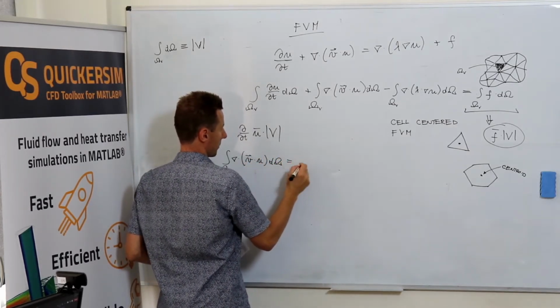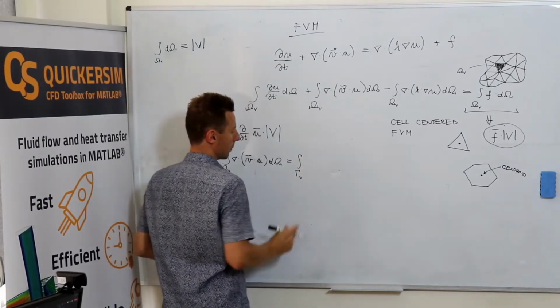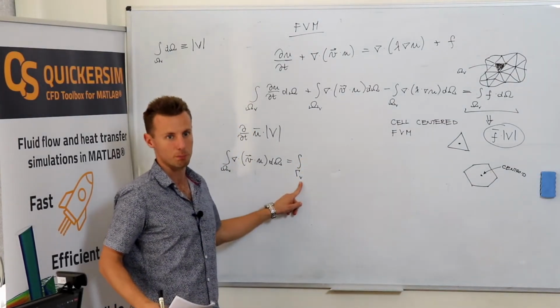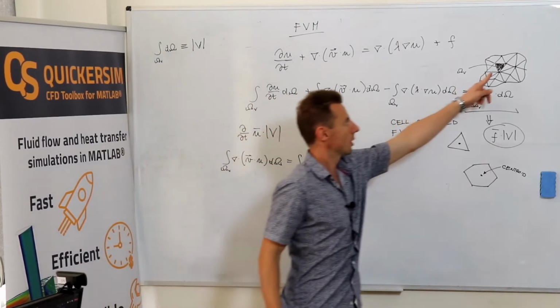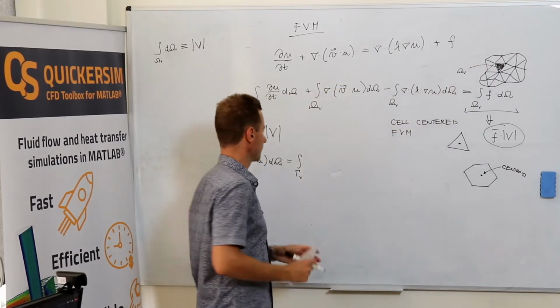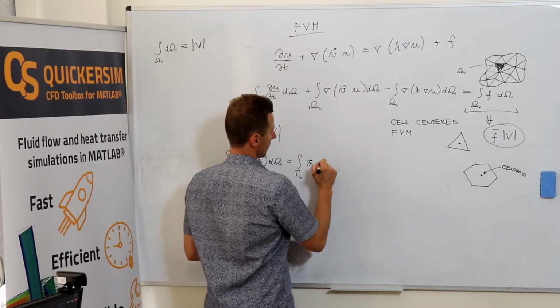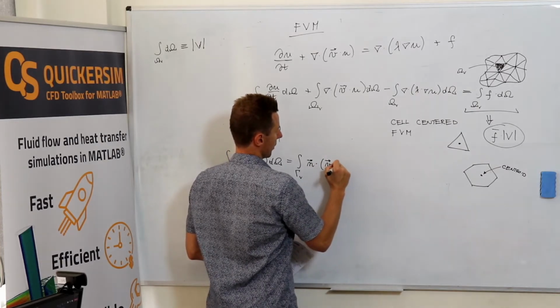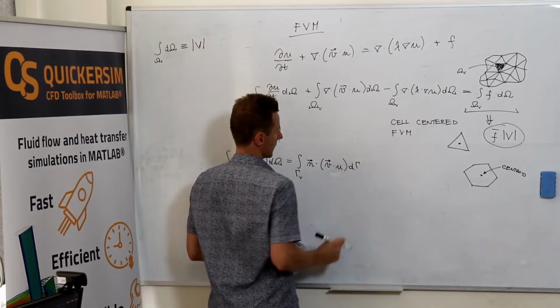This term can be translated into the integral over gamma v, which is not the boundary of the domain but the boundary of a specific finite volume, of the unit normal vector times velocity times u d gamma.